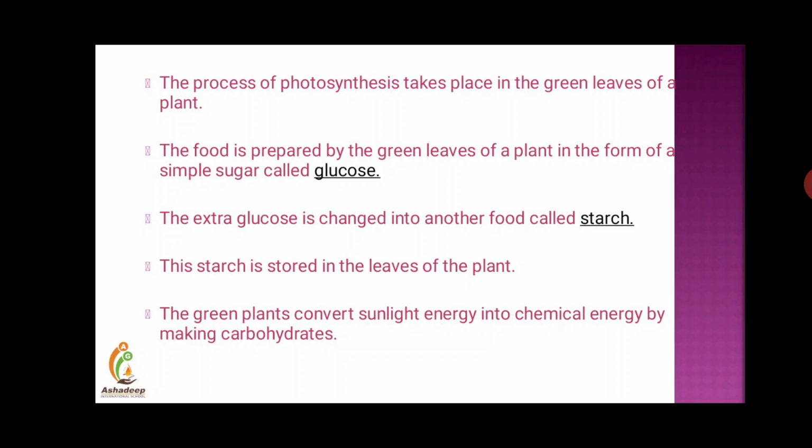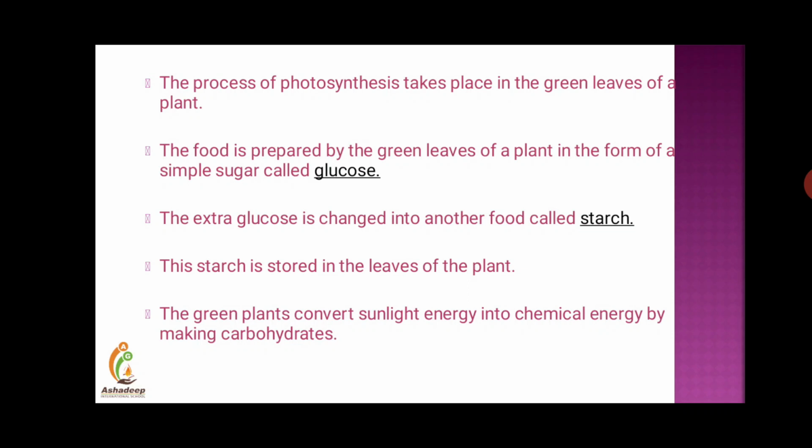Food is prepared by the green leaves of the plant in the form of simple sugar called glucose, and the extra glucose is called starch, and this starch is stored in the leaves of the plants.